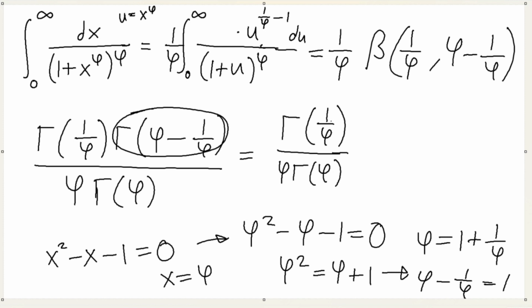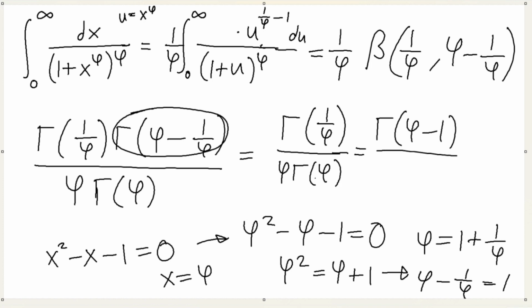But wait, what is this then? 1 over the golden ratio. Oh, look at this. 1 over the golden ratio is equal to phi minus 1.